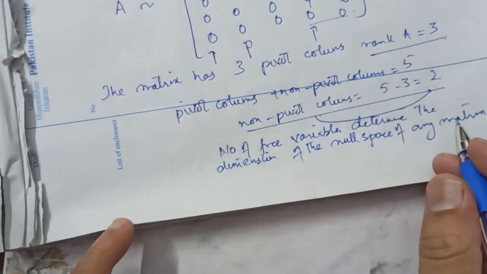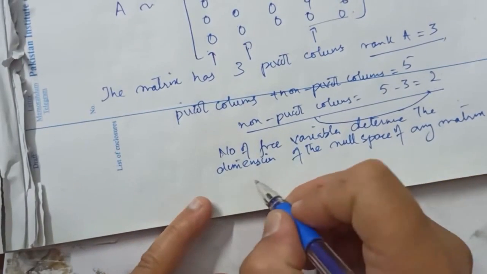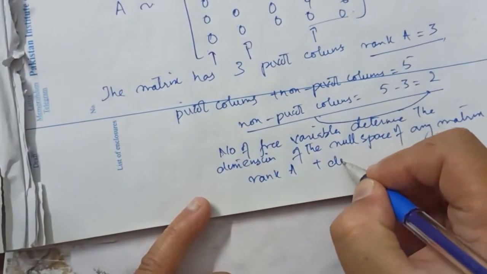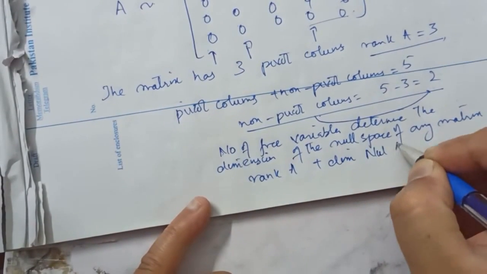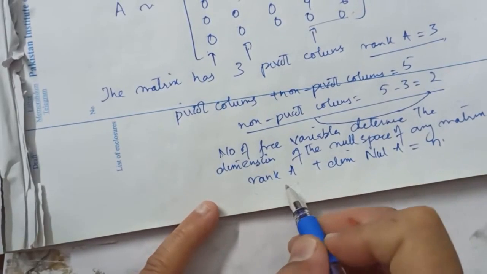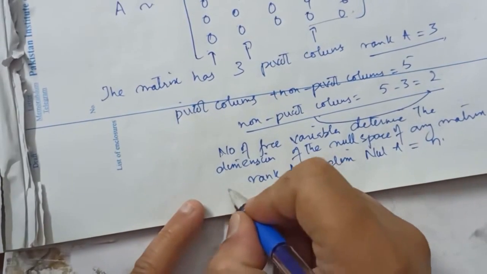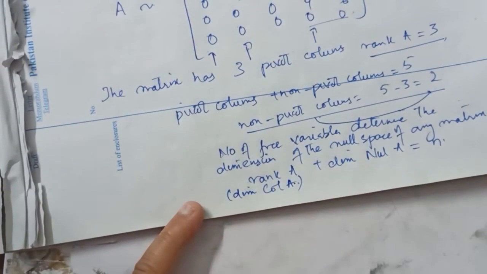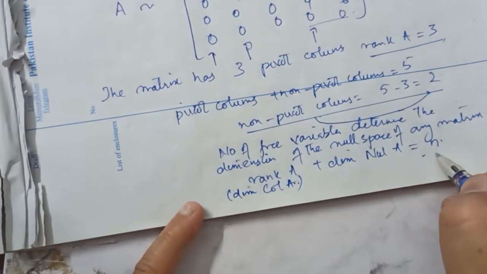So what we can write here is that rank of A plus dimension of null of A should be equal to n, because rank of A is the dimension of the column space of A. Actually you can write it as dimension of column space of A plus dimension of null space of A should be equal to the number of columns.